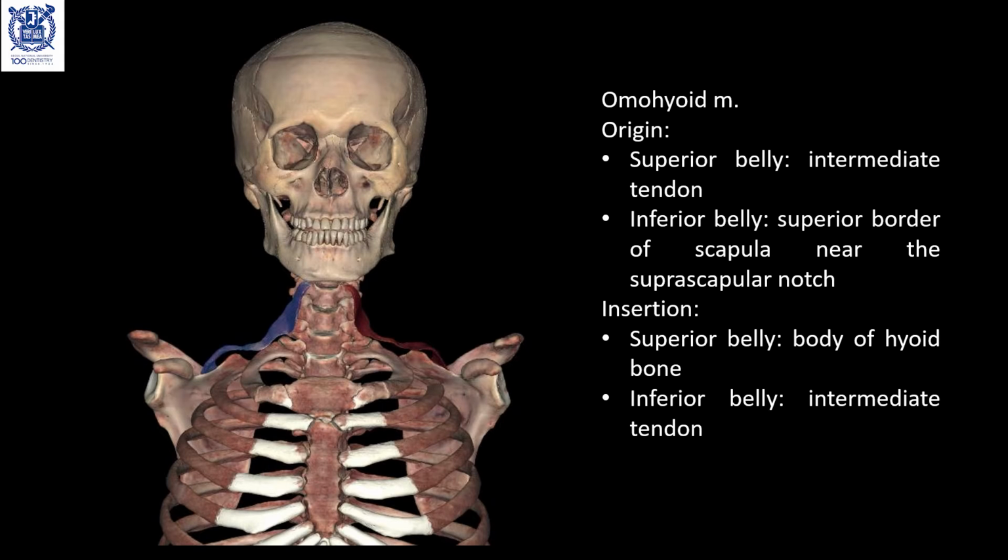Its arterial supply is from branches of the inferior thyroid artery. Its action is to depress the larynx and the hyoid bone. It also carries the hyoid bone backward and to the side.